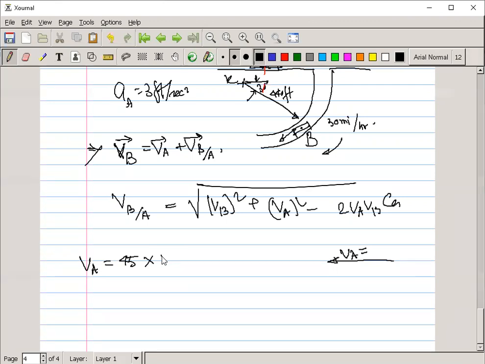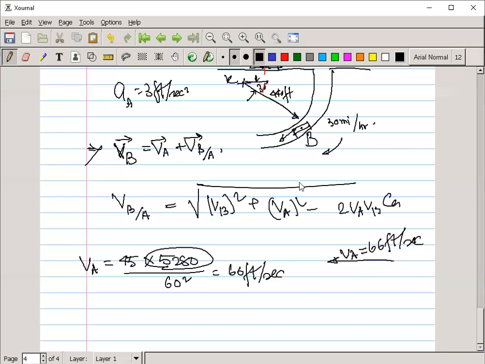Any mile per hour to feet per second conversion is multiplied with 5280 divided by 60 square. So 45 into 5280 divided by 60 square will give you 66 feet per second.